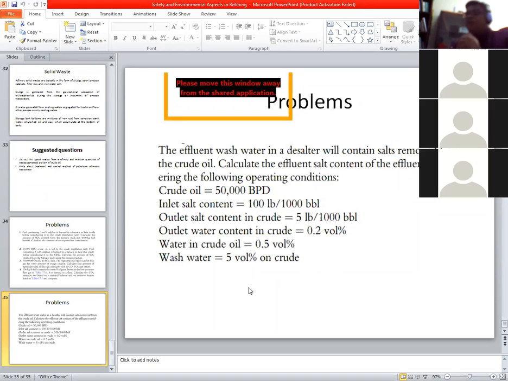Now you have to get the mass flow rate. To get the mass flow rate, you have to multiply with density of water. Density of water is 62.4 pound per feet cube.